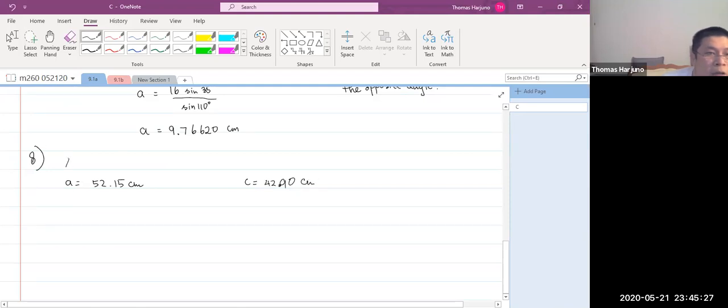Angle A is 125 degrees. And the question is, find the remaining sides and angles of the triangle. So I need to find side B, angle B, and angle C.